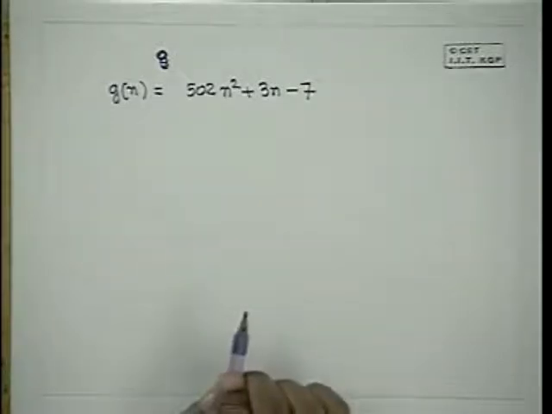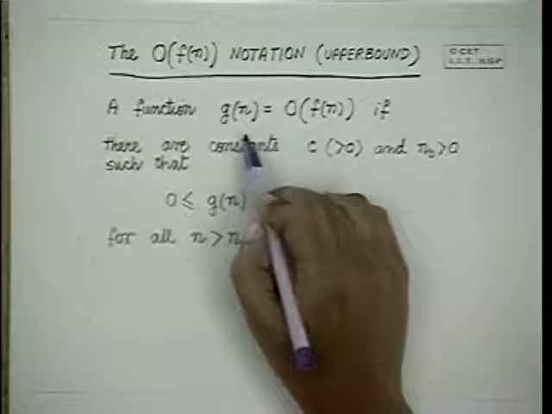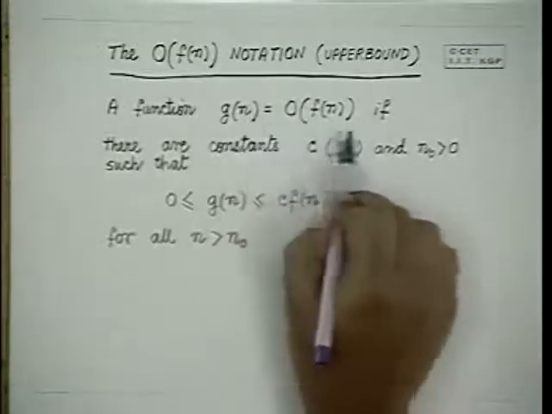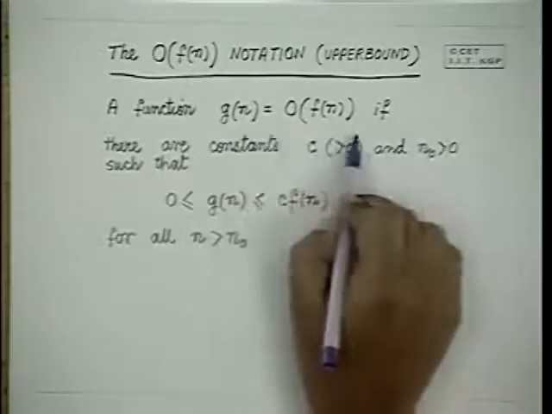Any questions? Right, I understand that your G(n) is equal to O and then in brackets F. So why shouldn't it be the other way around, sir? O and then in brackets G(n) equal to F(n). The upper bounding function of G(n) is equal to F(n). This is an equation, so there is no problem. This is not an assignment.